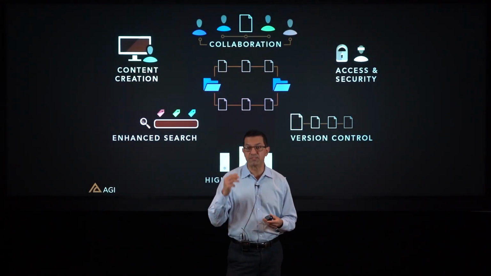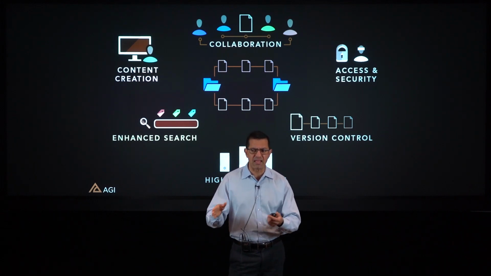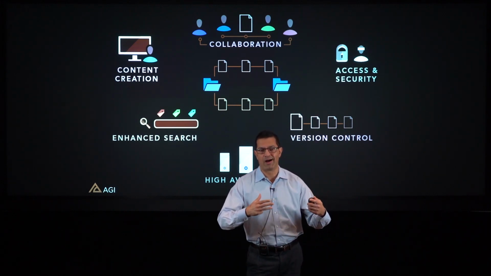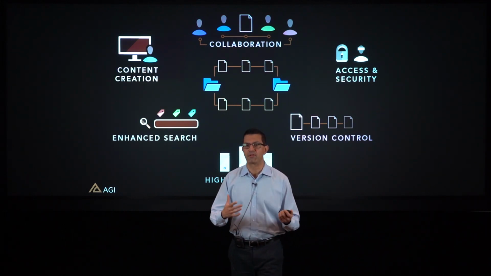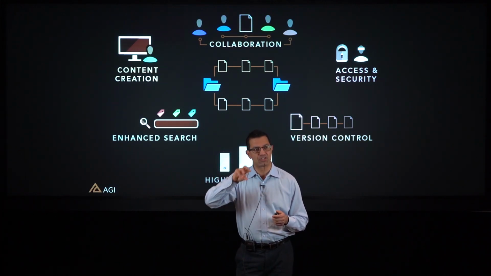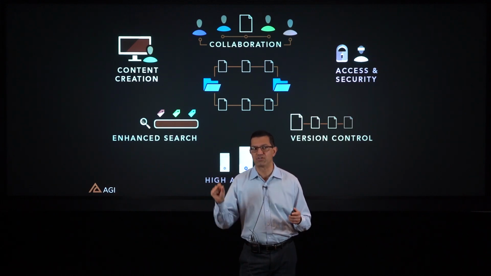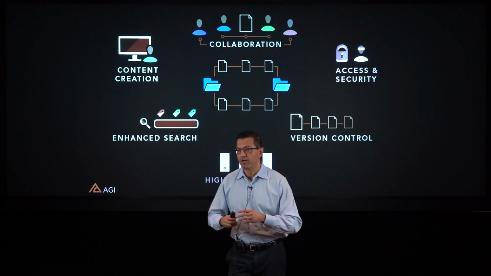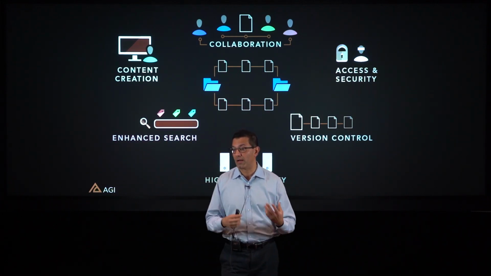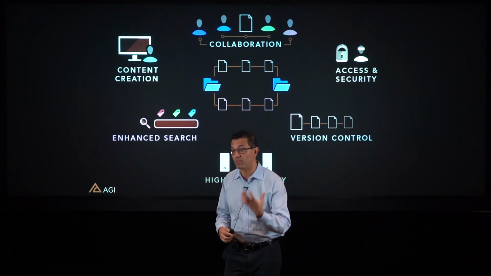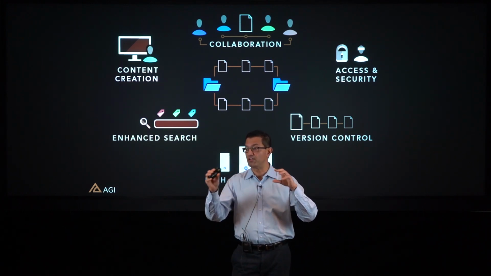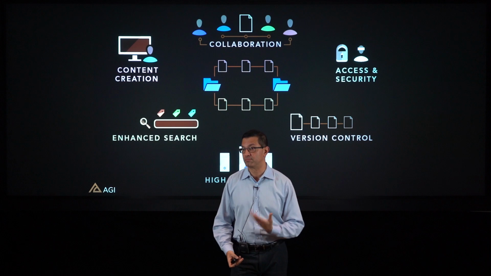So you cannot piecemeal this and say, I think this system is going to give me scalability, so I'm not going to worry about identity management. That's typically not how these things work. You want to select a system that can address all these different features of an enterprise class system. You want systems that help you with content creation and content management, that take into account collaboration amongst the different users of the enterprise, and so on. So make sure that all of these features are addressed in the enterprise system that you select.